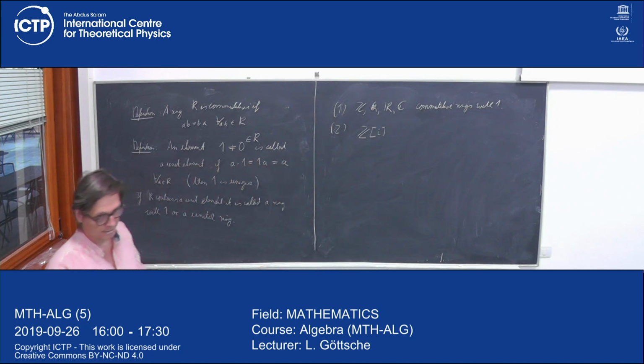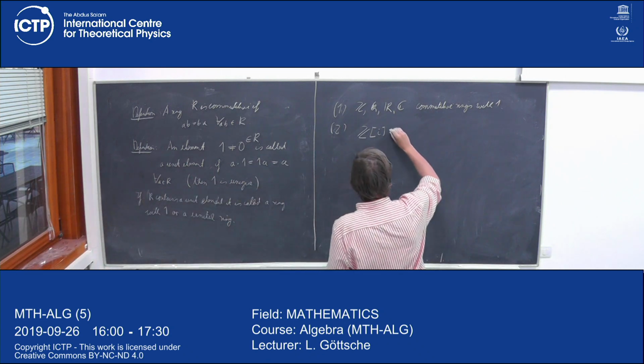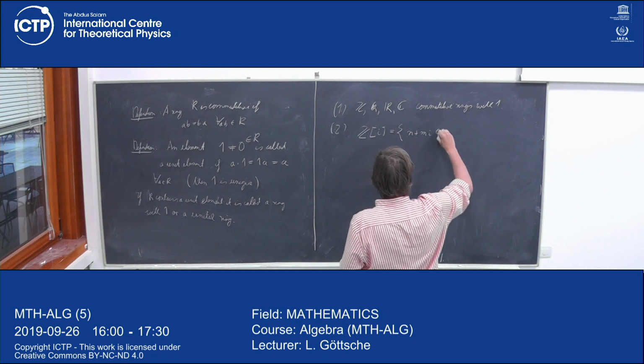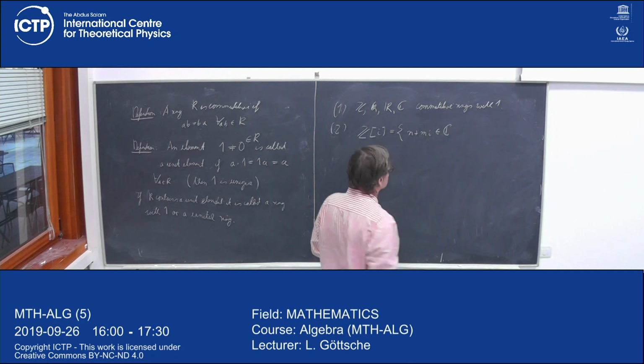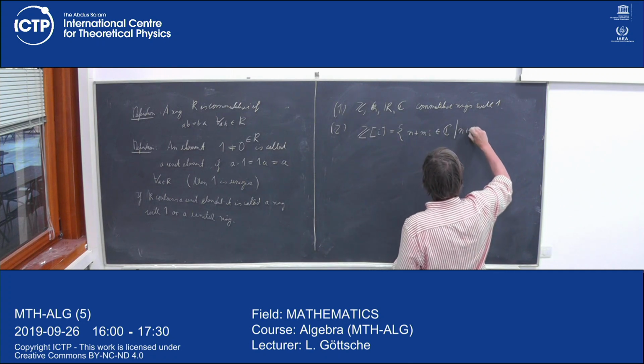I assume you know what the complex numbers are. This would be the set of all n plus m i in the complex numbers, where i is the imaginary unit, where n and m are integers.